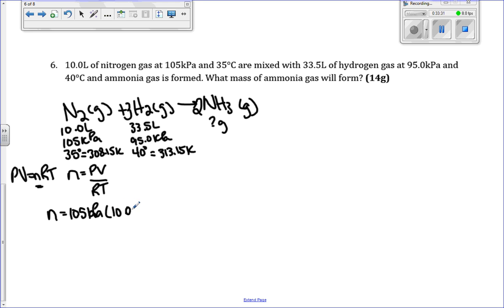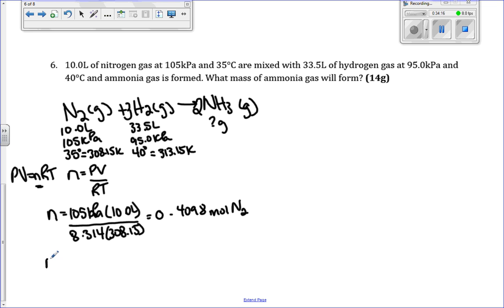Volume is 10 liters. R being the constant, and the temperature. Now remember, you need to do the math for the numerator and the math for the denominator, and then divide them, or you can enter in the numbers in the numerator, hit your divide sign, but make sure you're putting these two values in brackets. And you should get 0.4098 moles of nitrogen.